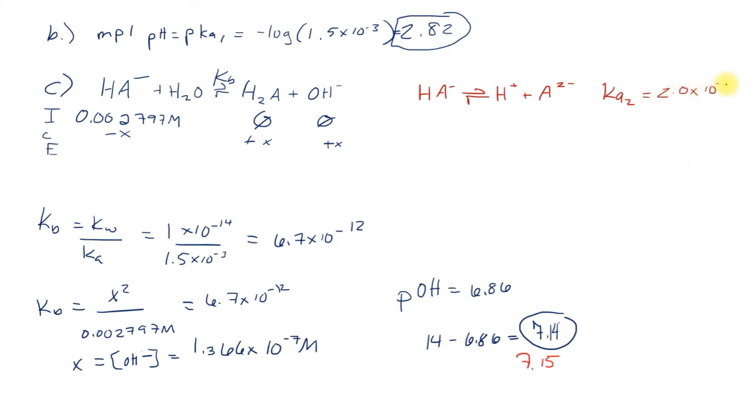So what we're going to do to decide if an amphiprotic species is one thing or the other is just like what we did with the hydrolysis problems. We're going to compare. So the Kb is 6.7 times 10 to the negative 12, and the Ka is 2 times 10 to the negative 6. Ka is bigger, so that's the one that's going to happen, not this one.